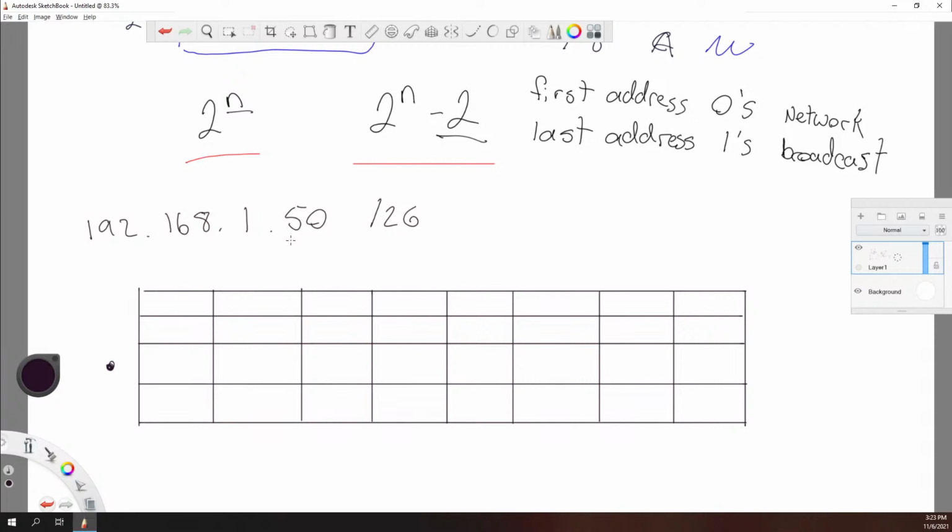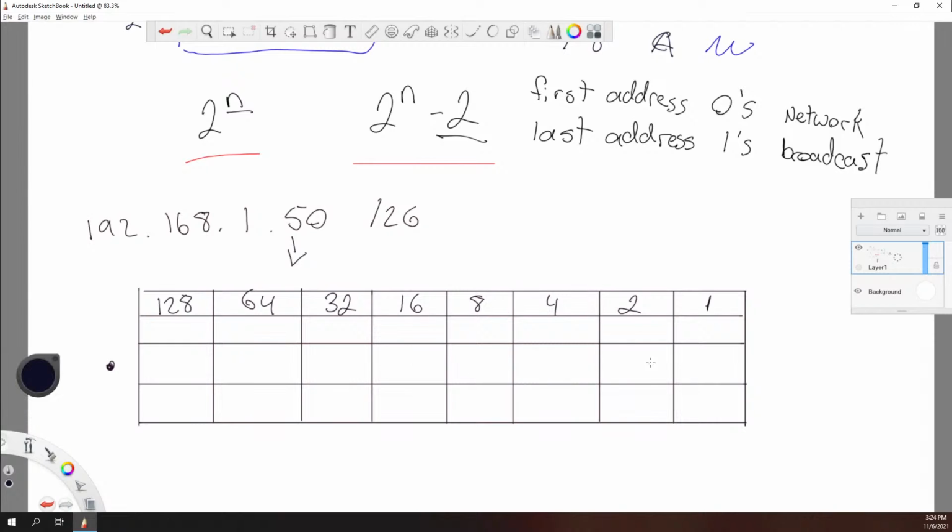So we're examining this last portion. If we broke this into binary, our first bit would be a 1, our second bit would be a 2, our next bit in binary would be a 4, and then an 8, a 16, 32, 64, and 128.